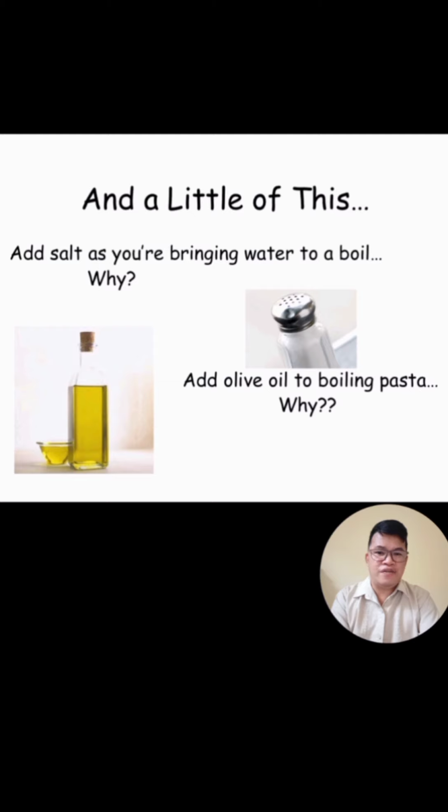And add olive oil to the boiling pasta. Why do we need to add salt and olive oil while the water is boiling? Of course, the salt is for flavor, and the oil is so that the pasta will not stick together when cooked. Okay, so thank you, and that's all.